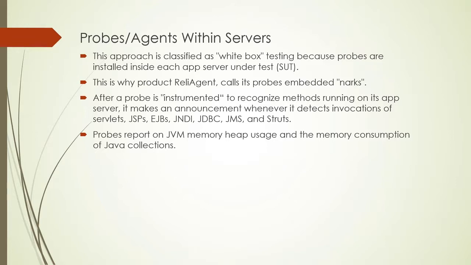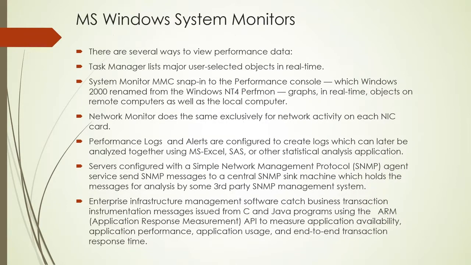Okay. Next slide, we discussed the Windows system monitors, right? These are some historical monitors. Earlier it used to be called System Monitor, but later than Windows 2000, it was renamed to Perfmon. Perfmon gives you all the graphs and all these things. It is object and ActiveX control based, right?